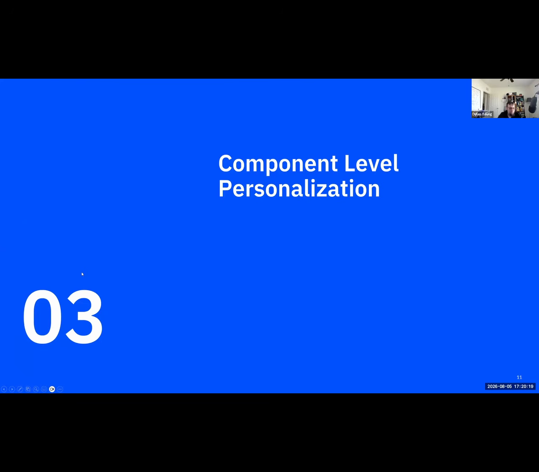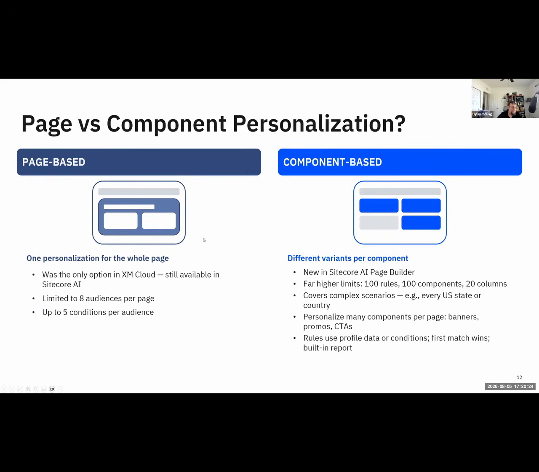Next up is component level personalization. To break down why you might want to choose one versus the other, the biggest issue with page-based personalization was the limits on what you could do with it. To step back a little bit, what is page-based personalization? It's basically where you create an audience for your page.